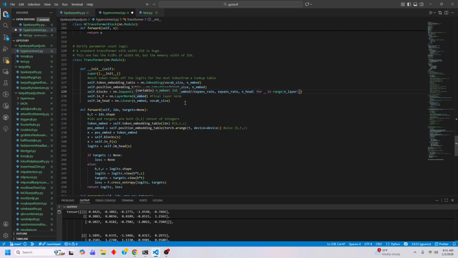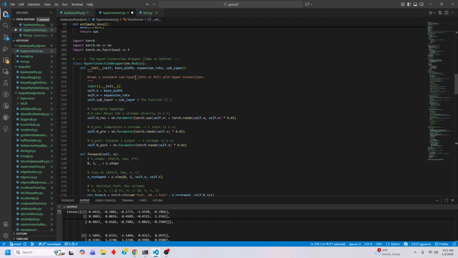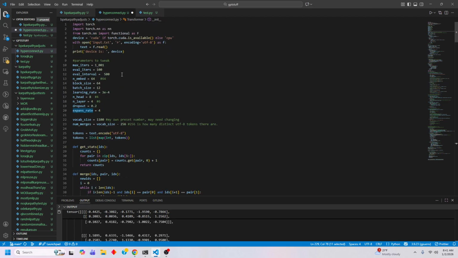So the hyperconnection transformer block. Instead of number of embeddings, you'll do embed divided by expansion rate, which I set to 4 up top here. I made an expansion rate of 4.